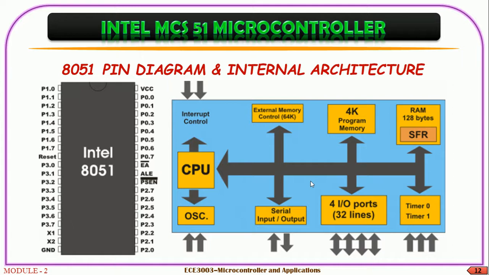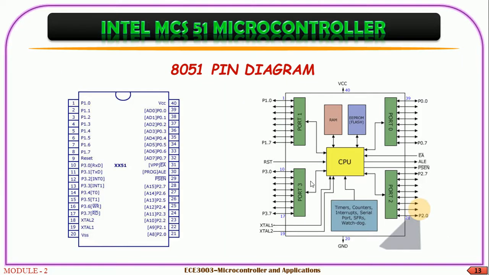This is the 40 pin 8051 microcontroller Intel IC. So this is the architecture, or connection, of the CPU with different ports, as well as RAM, ROM, timers, counters, interrupts, serial port, and watchdogs.